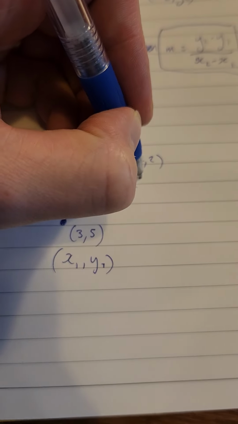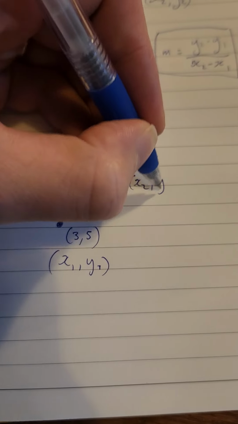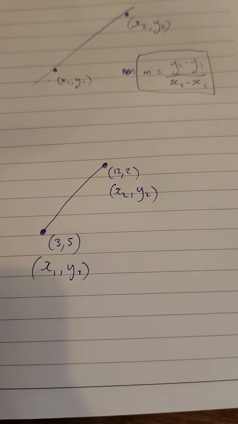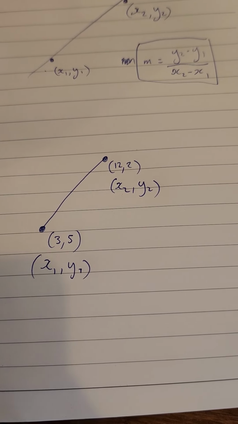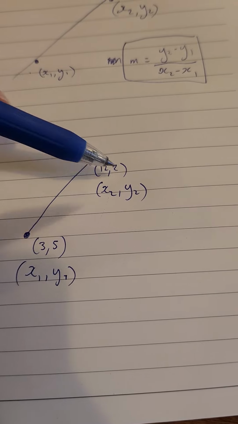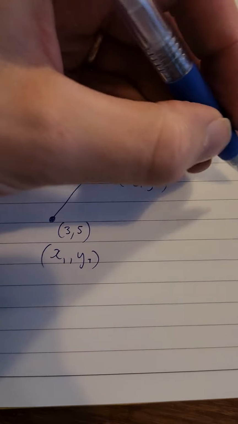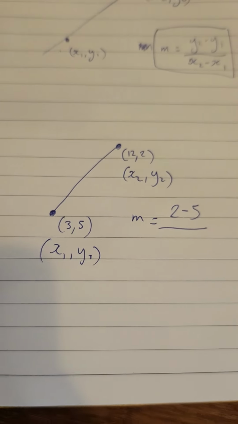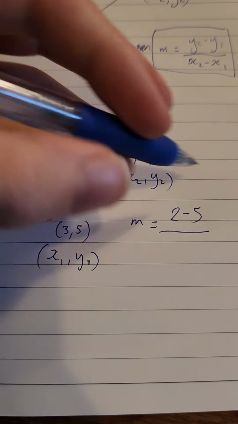It really does not matter which one you choose. Now, the gradient of the line is going to be y2 minus y1, so it's going to be 2, take away 5. So put this into the formula, and now we're going to have 12 take away 3.